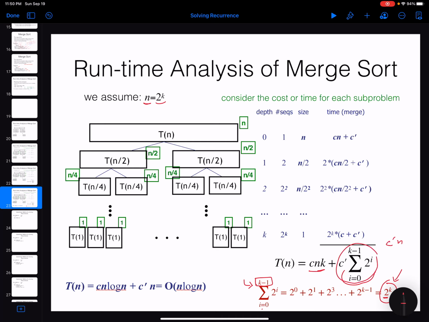So again, this is going to be that popular summation of i equal to 0 to k of 2 to the power of i. This is going to be 2 to the power of k+1, which is going to be equal to 2n.